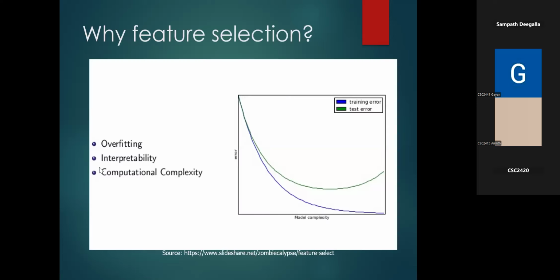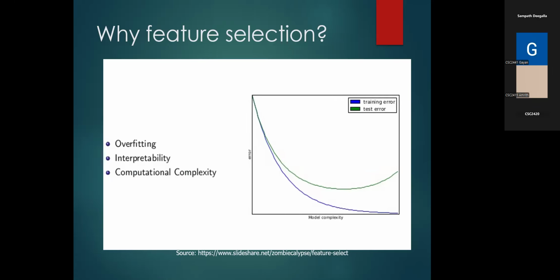Right. Now, if anybody asks me why you need to do feature selection, we can talk about multiple things. One of them is, for example, improving the accuracy of the model. In this particular graph, we are trying to reduce the error. When you are reducing the error, you will see that model complexity is a problem, so we need to identify a balance in your training error.